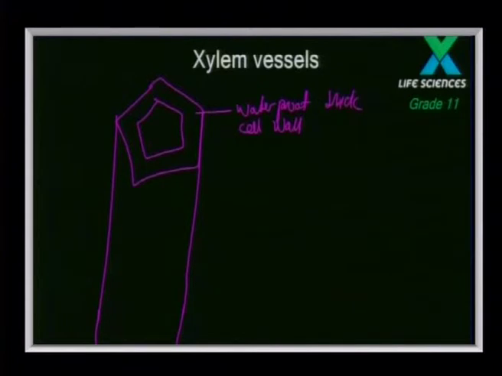It's rounded, so it's strong. Okay? This wall is thickened with lignin. Okay? It has a large lumen. A lumen is this inside cavity. There are no cross walls.